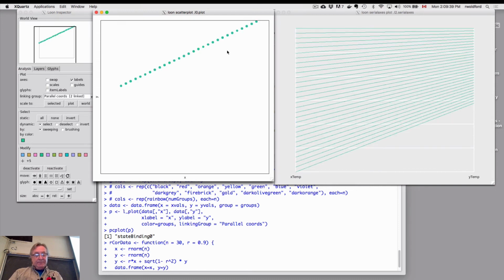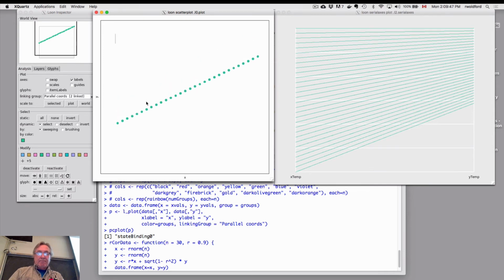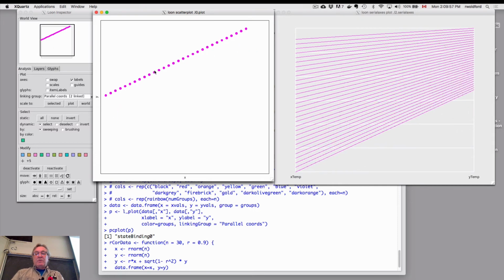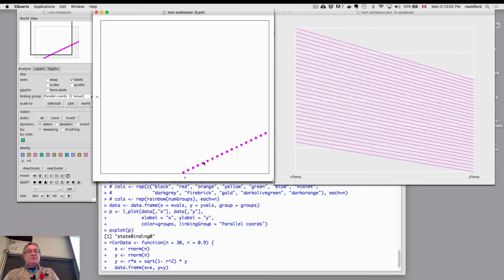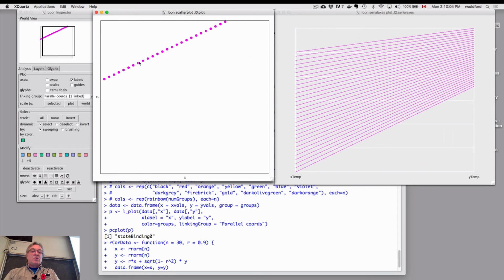And if I move this around, pull this down, and move this around, you'll see that there's no point of intersection.